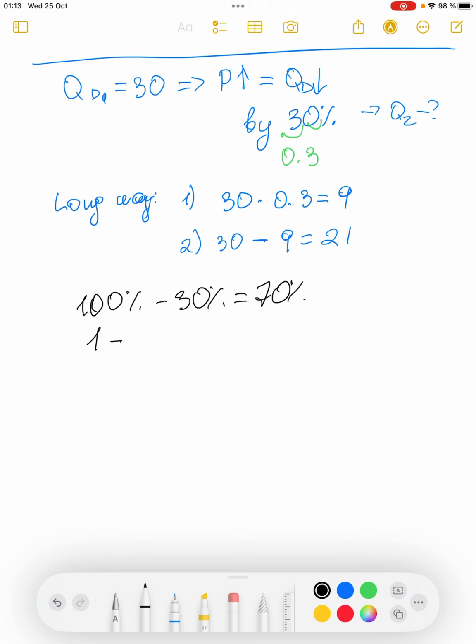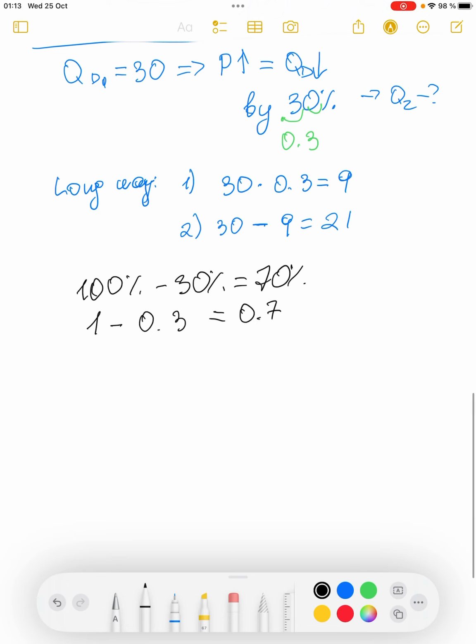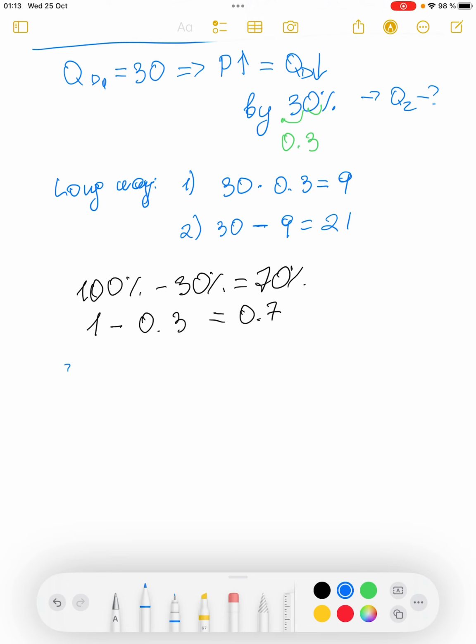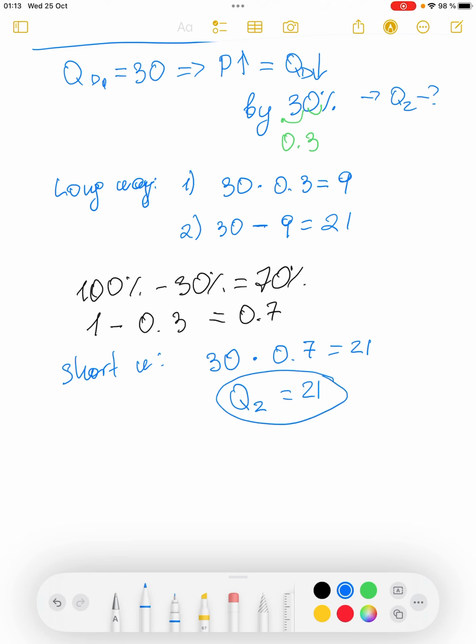Or you take your 1 minus 0.3, which is 0.7, right? So the shortcut is to take your 30 and multiply it by 0.7, and it would be 21. So quantity 2 would be 21. Make sense? I really hope it does.